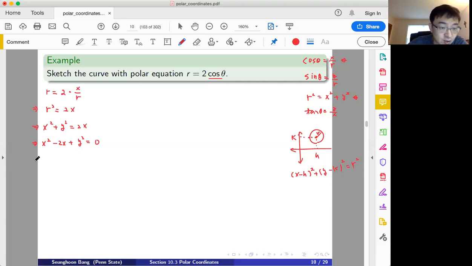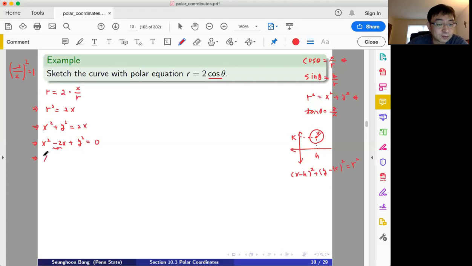I'm going to change this one. How can you do that? You have to use completing the square. What's completing the square? First, you take the coefficient of x, which is −2. Divide by 2. This is step 1. Next, square this result: −2 over 2 is −1, and −1 squared is 1.